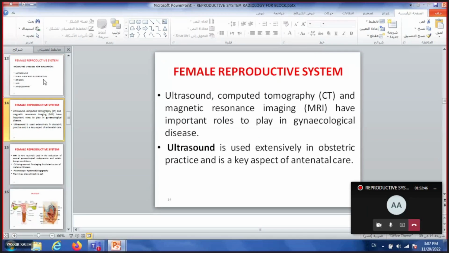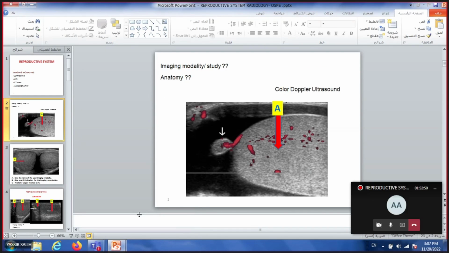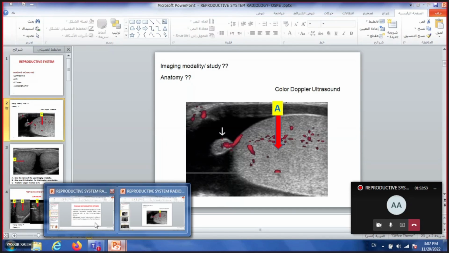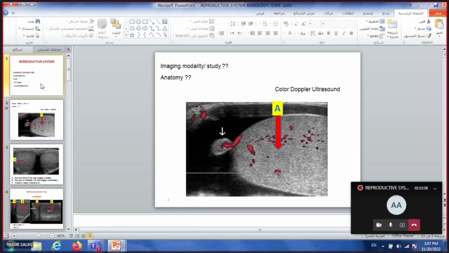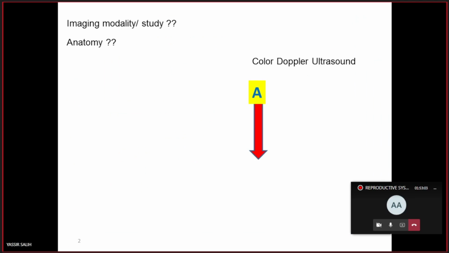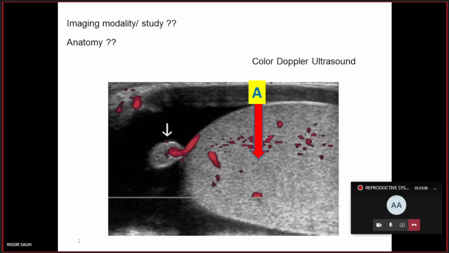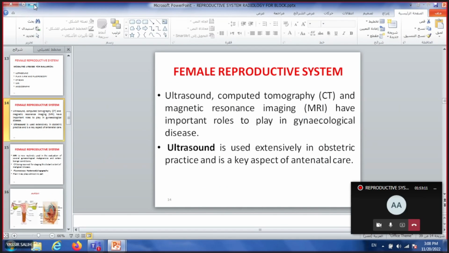Come to the OSPE file. Okay. Doctor, yes.